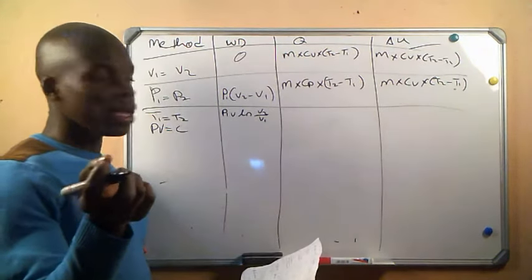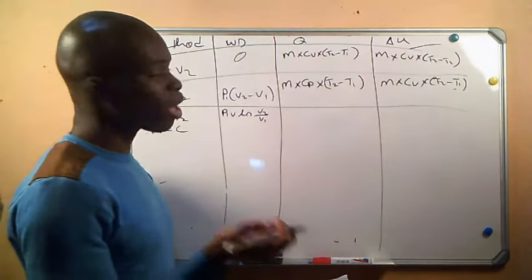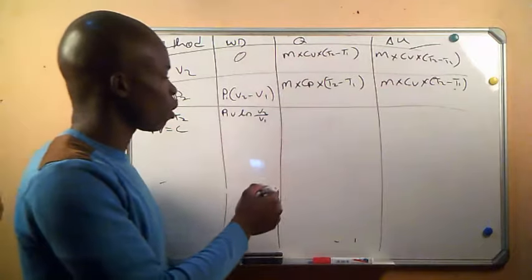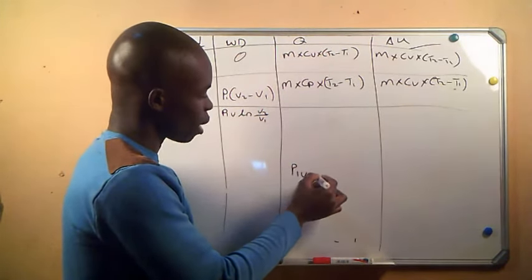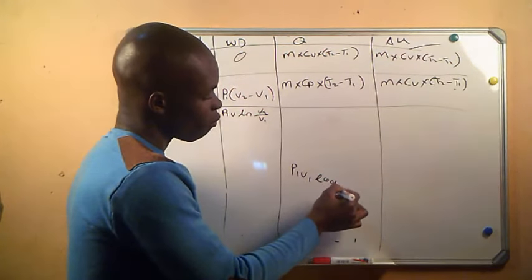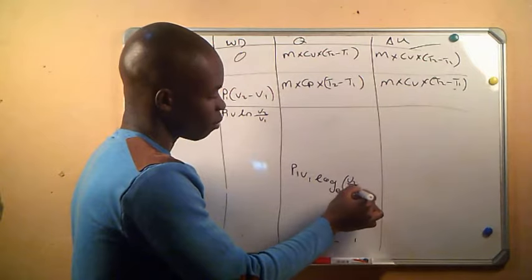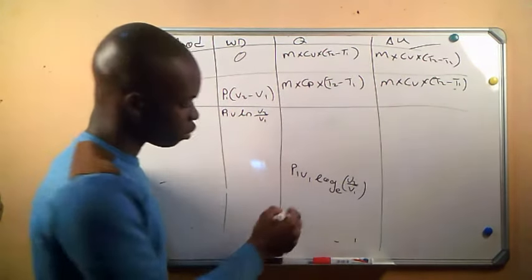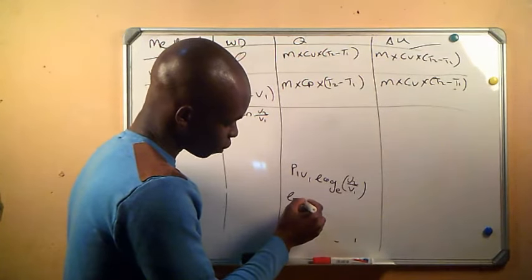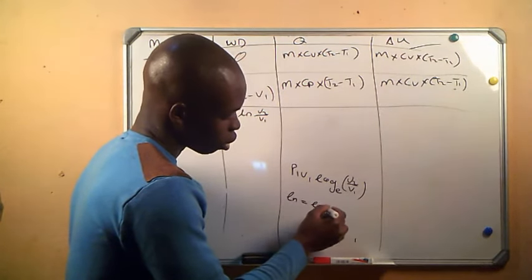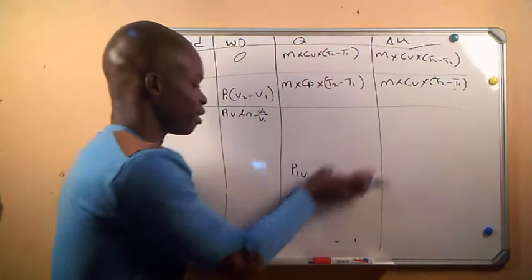In other question papers, you might find that they wrote it as P1 V1 log base e of V2 divided by V1. So don't be confused, because ln is equal to log base e. These are basically the same.